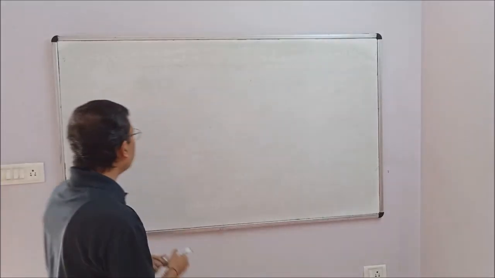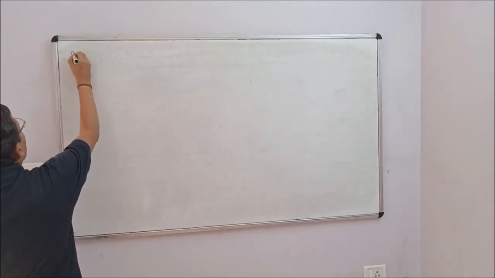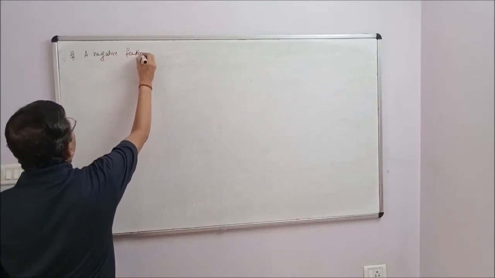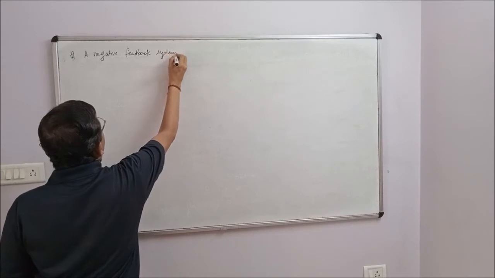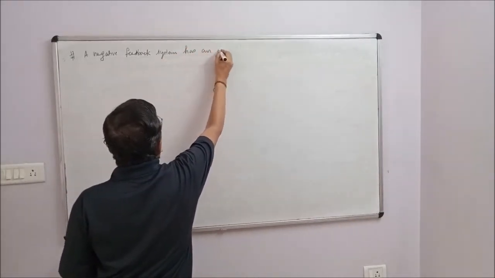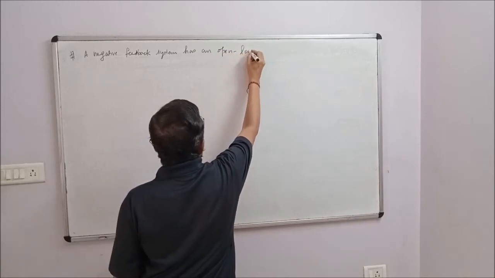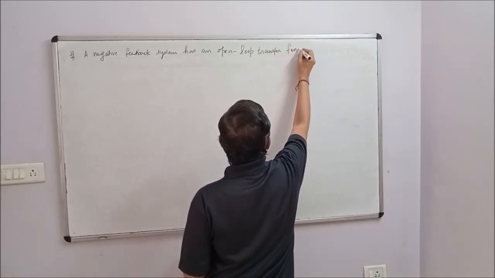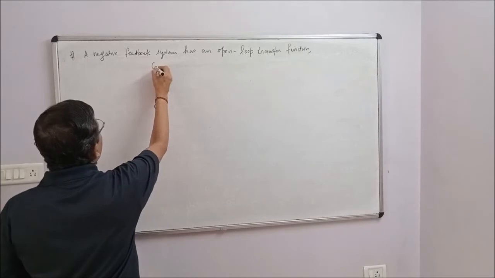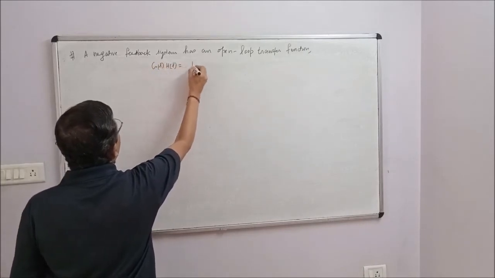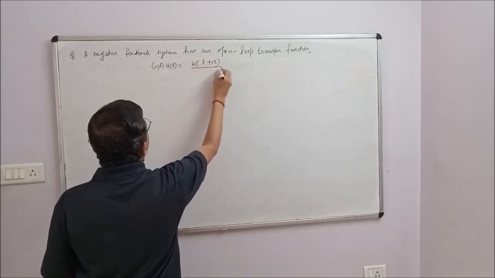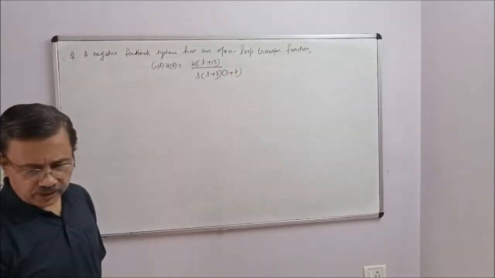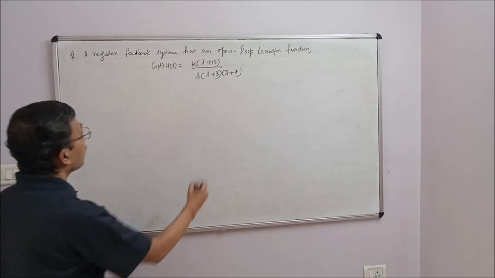Okay. Next problem. A negative feedback system has an open loop transfer function G(s)H(s) equal to K into (s plus 13) divided by s into (s plus 3) into (s plus 7).